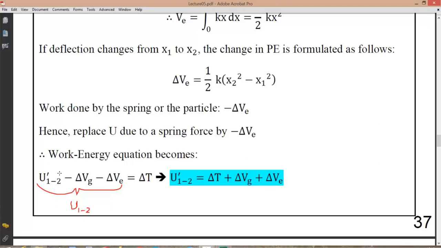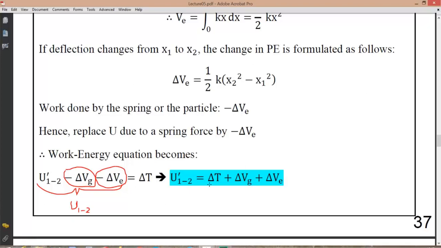And here we have the work done by the gravitational forces on the particle, it's a negative work, and the work done by the elastic forces, and again it's a negative work.